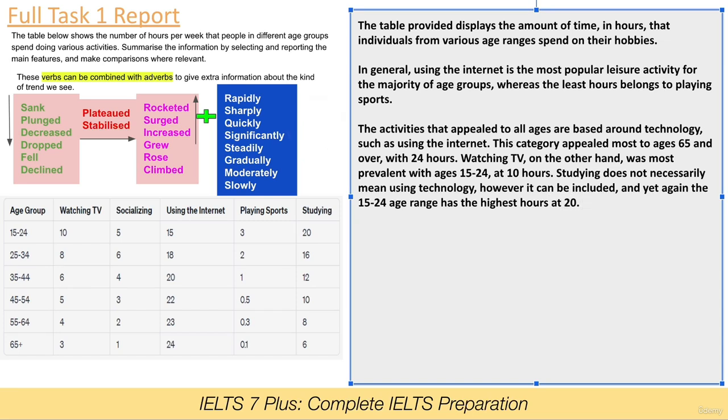Okay, should we read it back and see how we're doing? The activities that appeal to all ages are based around technology, such as using the internet. This category appealed most to ages 65 and over, with 24 hours. Watching TV, on the other hand, was most prevalent with ages 15 to 24 at 10 hours. Studying does not necessarily mean using technology, however, it can be included, and yet again, the 15 to 24 age range has the highest hours at 20.